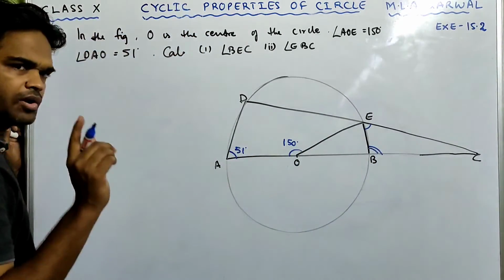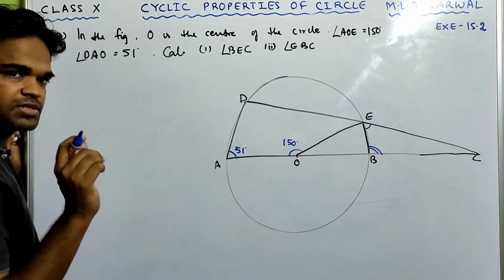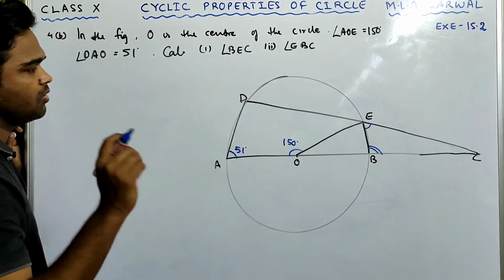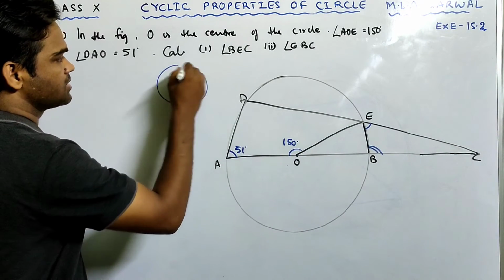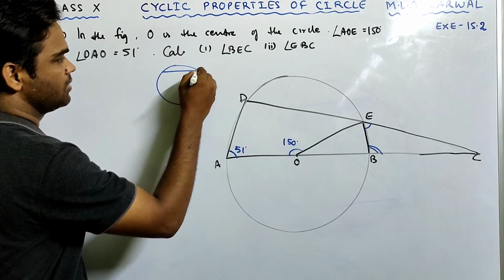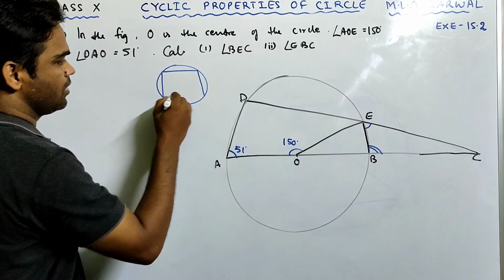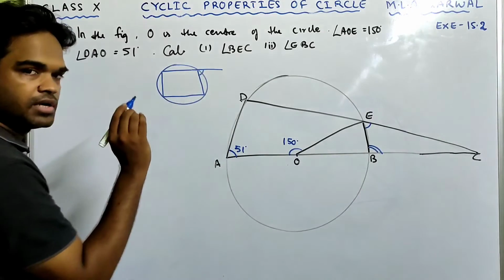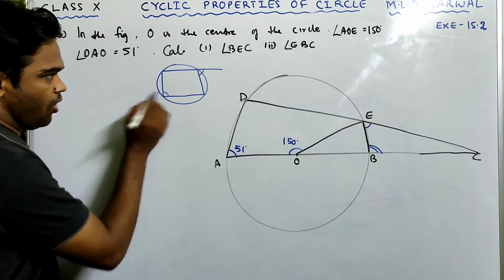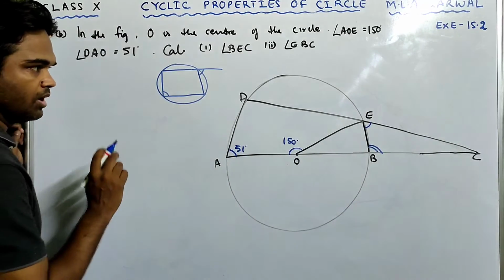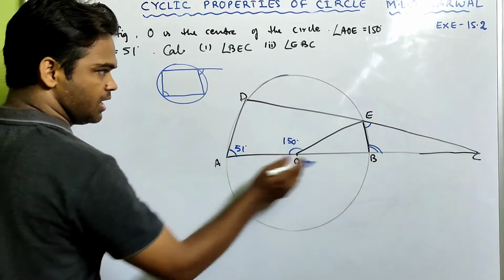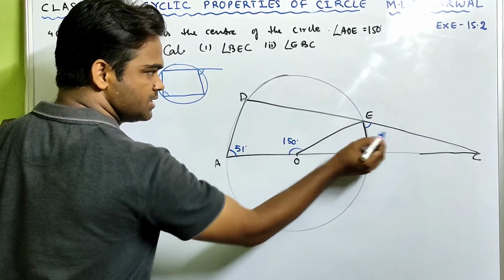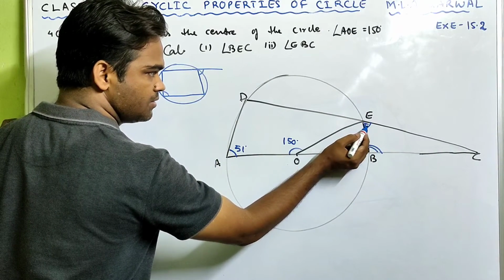Okay, now look carefully. Exterior angle equals to opposite interior angle in a cyclic quadrilateral. If this is a circle and this is a supposed quadrilateral, suppose this is the exterior angle, this is the opposite interior angle, these two will be equal. Look carefully. ABED is a cyclic quadrilateral, BEC is an exterior angle.